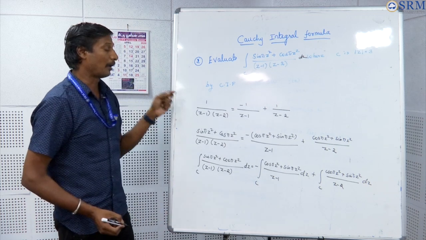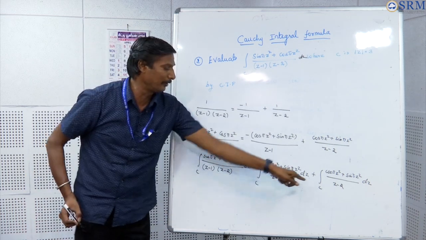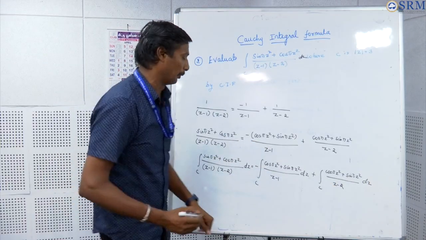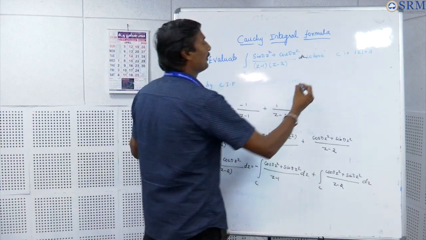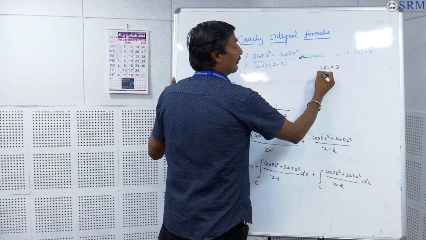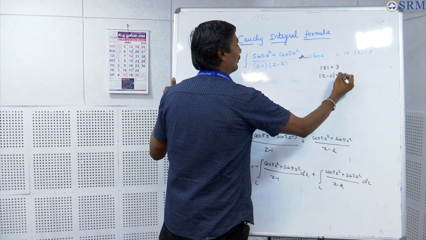So from the denominator we get two singular points: Z equal to 1 and another singular point Z equal to 2. Our given condition is modulus of Z equal to 3. So this can be written as modulus of z minus 0 is equal to 3.